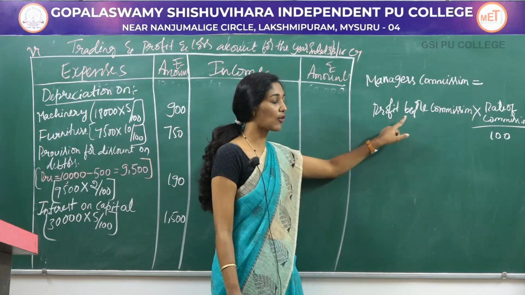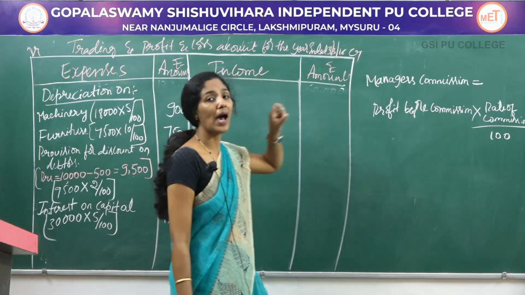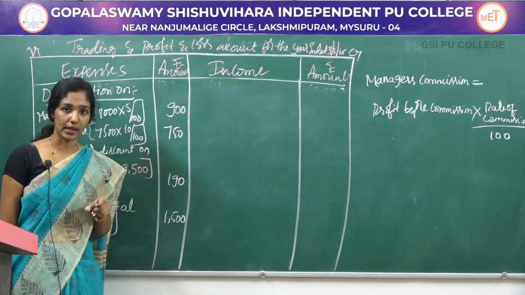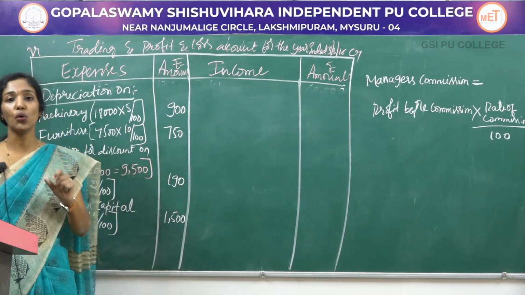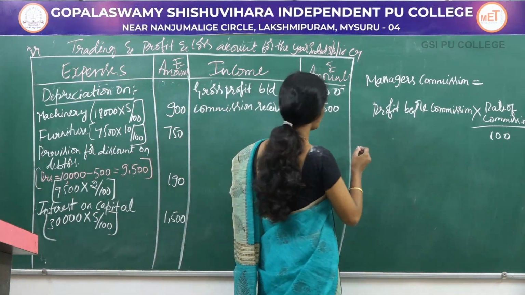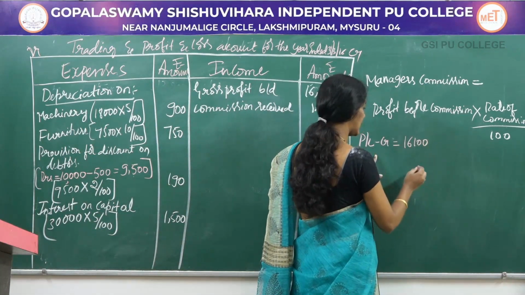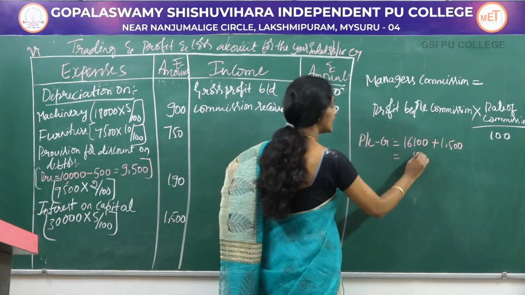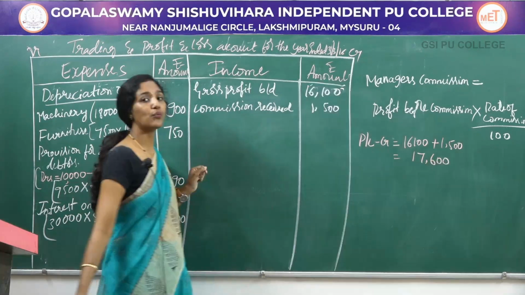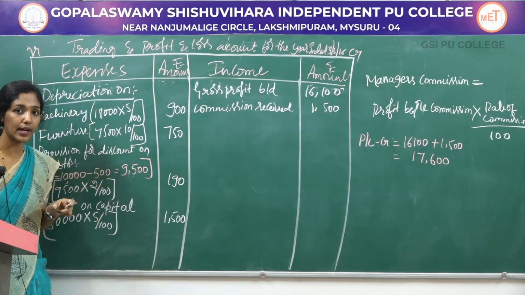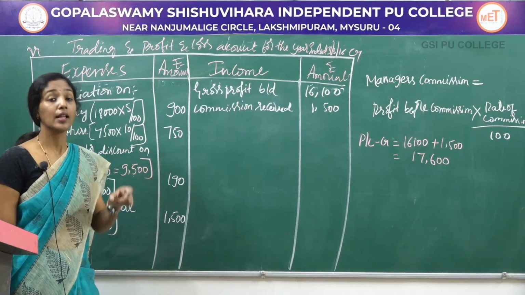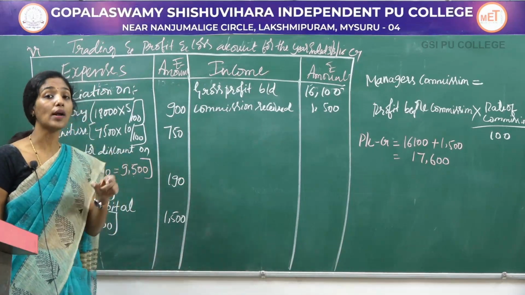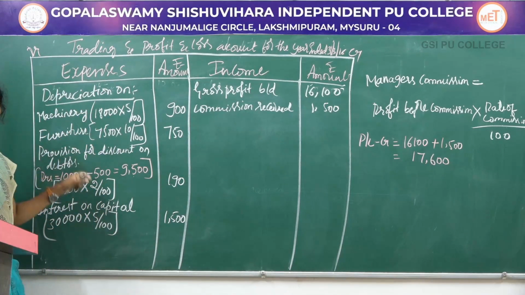So what is the profit before commission? For calculating this profit before commission, first you have to add on the credit side of the profit and loss account. On the credit side you have 16,100 plus 1,500. So you will get 17,600. So from 17,600 you have to deduct the total of debit side of the profit and loss account. So what are the amounts involved in the debit side?